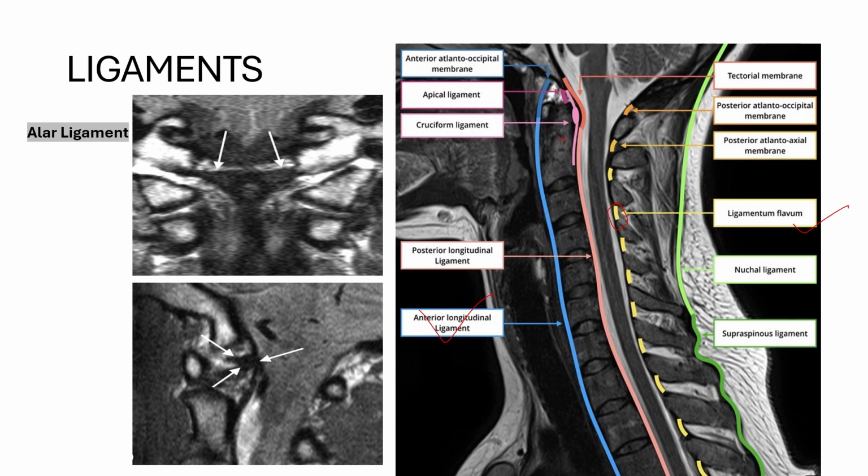Another one is the supraspinous ligament, which runs along the tips of the spinous processes, and in the neck it forms the nuchal ligament. These limit flexion of the vertebra, and the nuchal ligament extends to the occipital region. So these are all about the ligaments of the cervical region.